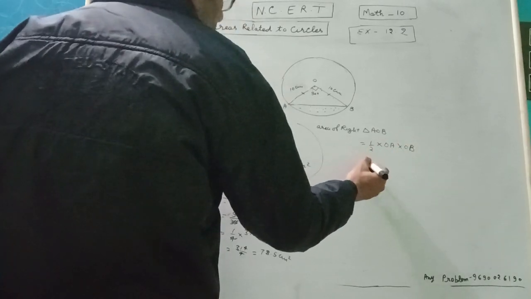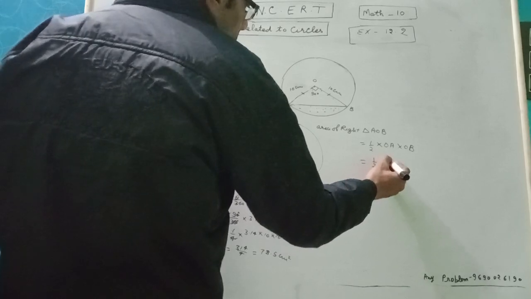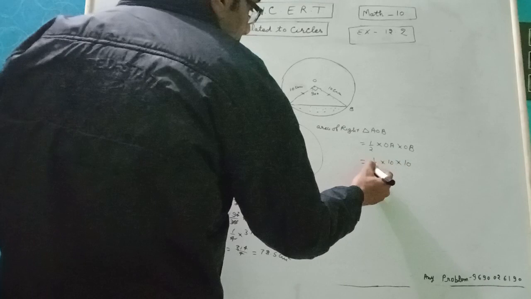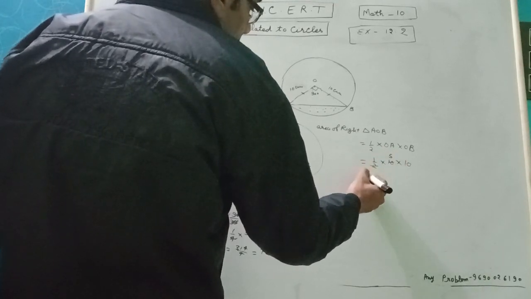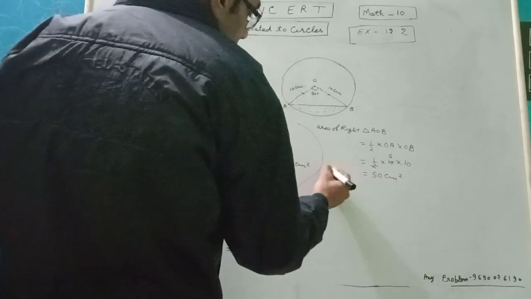OA is the base and OB is the height, so 5 times 10, and after multiplying, 50 centimeter square.